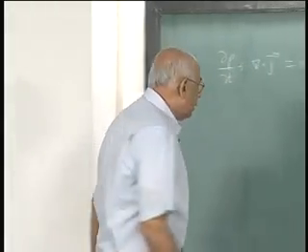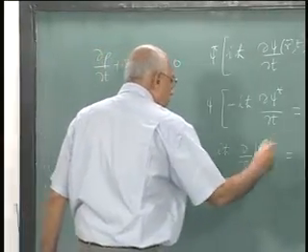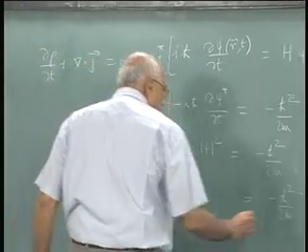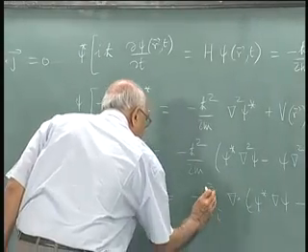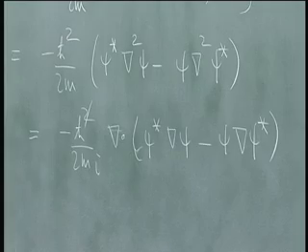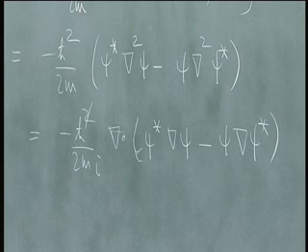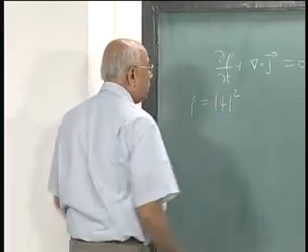Okay. And let us cancel out and divide by i h cross, so move this out and then I put an i here and this becomes h cross. So indeed you have an equation of this kind with rho equal to mod psi squared.